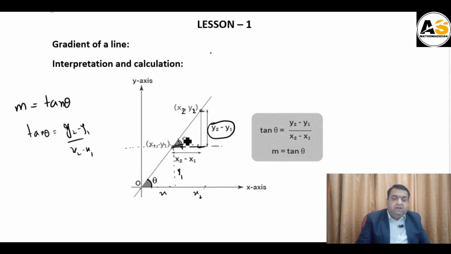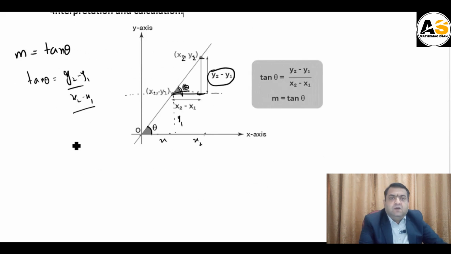So what we have learned through this brief discussion is that if we are given any 2 points of a straight line, x1, y1 and x2, y2, we can find its gradient with the help of this formula. Gradient is basically the tangent of the angle formed by any line with the x-axis.